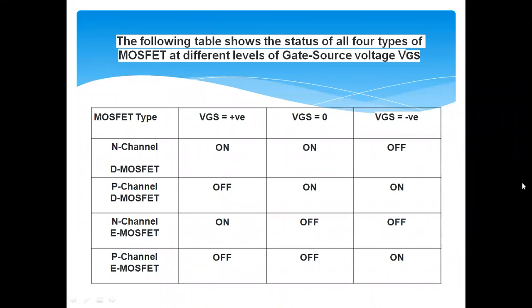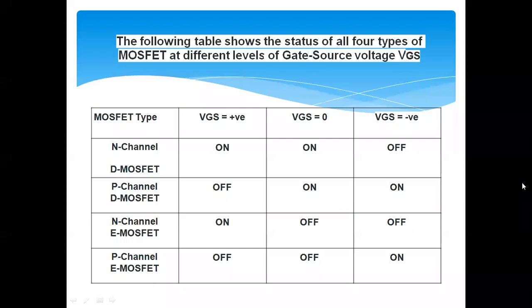That's why depletion type is called a normally on MOSFET. And the enhancement type is referred to as a normally off MOSFET, because at zero voltage level there is no current. That's why it's a normally off MOSFET.